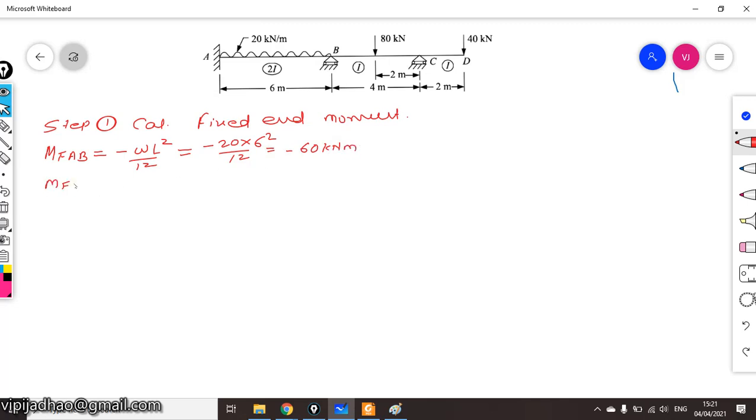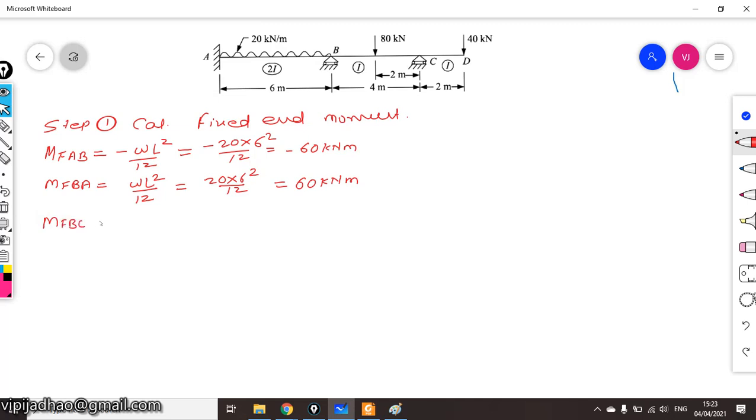Similarly, MFBA will be equal to plus WL square upon 12. This is the standard formula for fixed end moment due to uniformly distributed load. So this will be 20 into 6 square divided by 12, which is equal to 60 kilonewton meter.